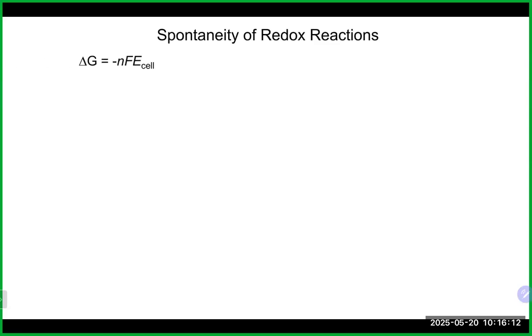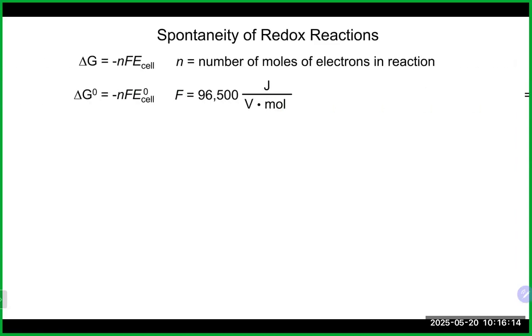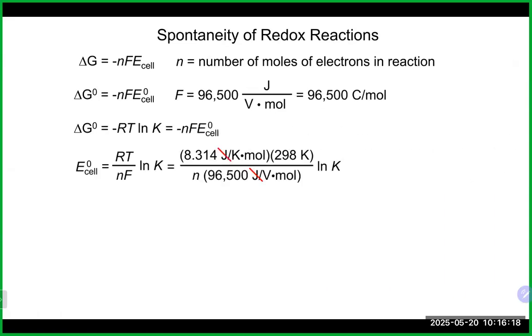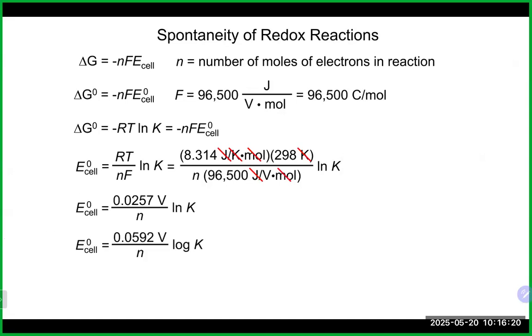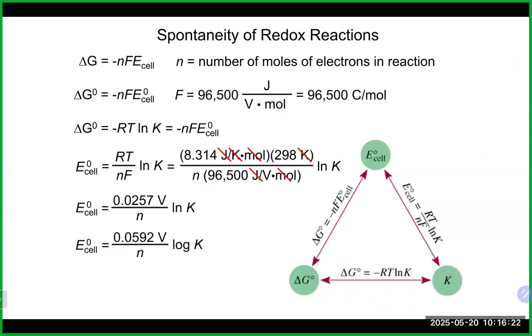And how that relates is we can have a relationship between Gibbs free energy and our E of the cell. Let's talk a little bit about each of these. First off, we have this equation, which is delta G equals minus nF E of the cell.